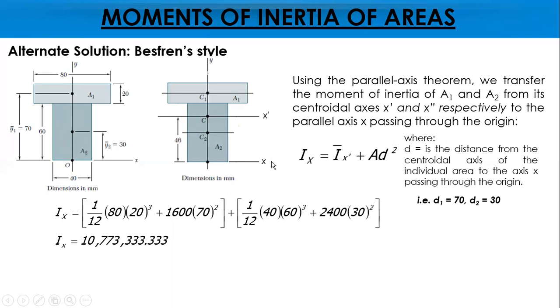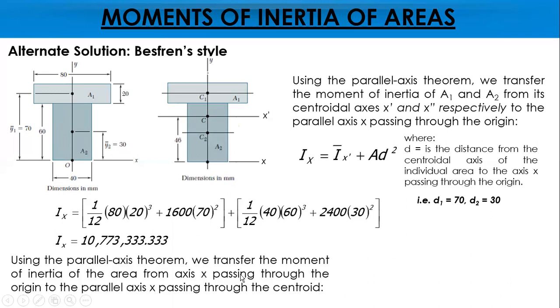Given this, solve for Ix prime. So again, using the parallel axis theorem, we transfer the moment of inertia of the area from axis x, passing through the origin, to the parallel axis x prime, passing through the centroid.